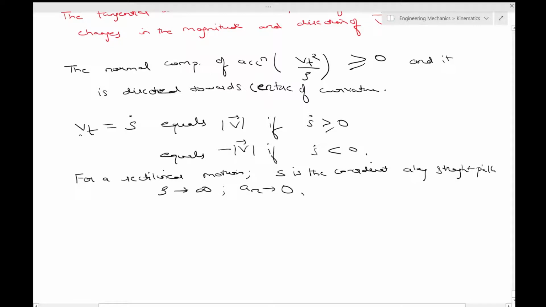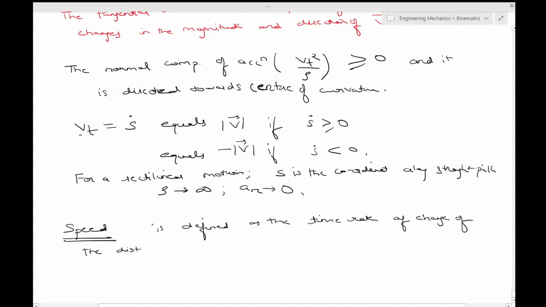Let's make another definition. Speed is defined as the time rate of change of the distance moved along the trajectory relative to F. F is the frame through which we measure all these things.